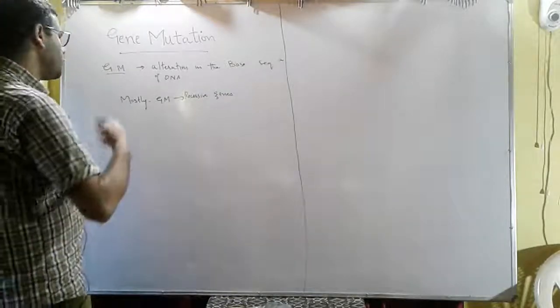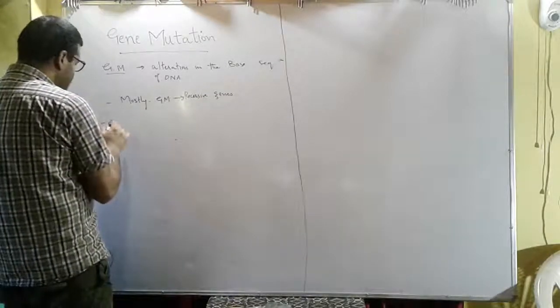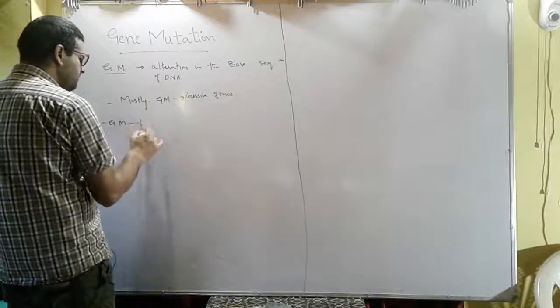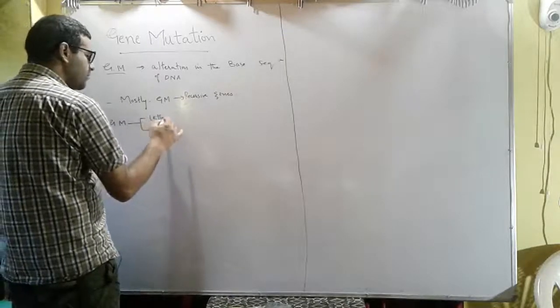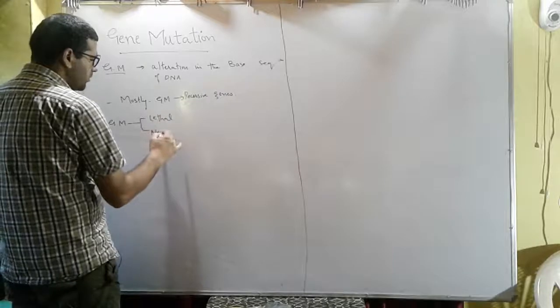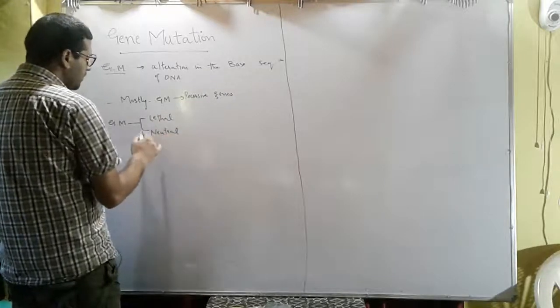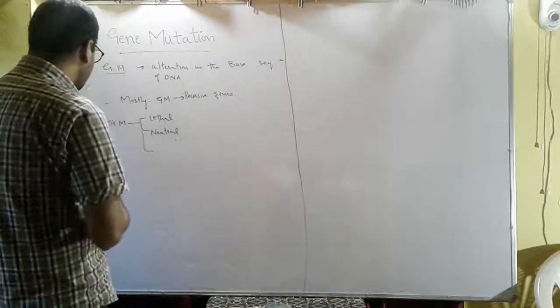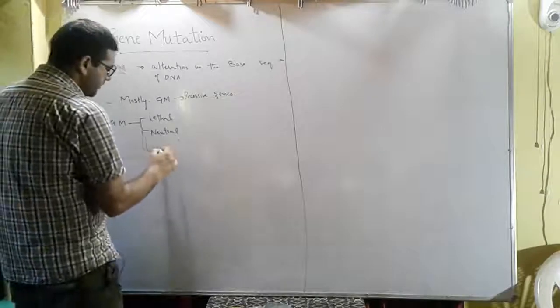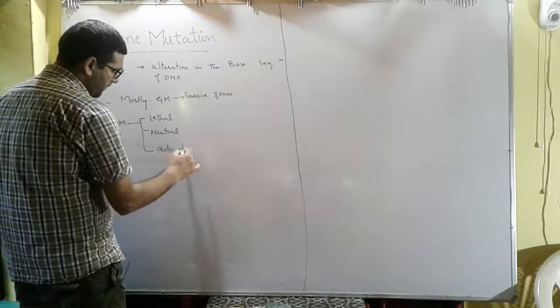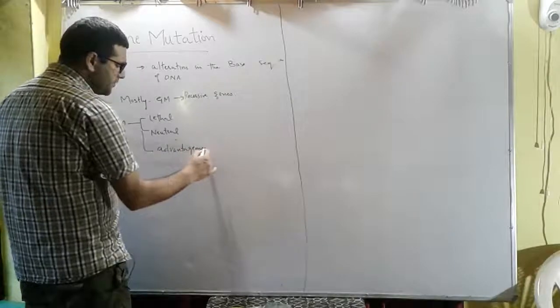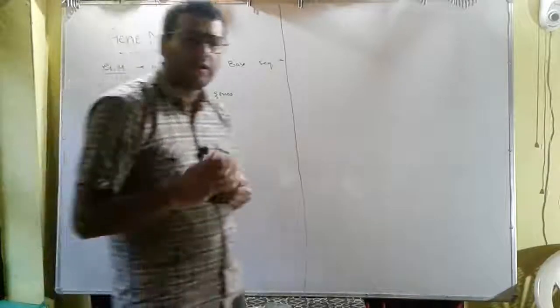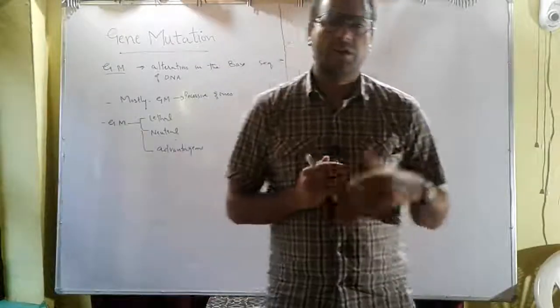This gene mutation can be lethal. It can be neutral, meaning it has no effect. And then it can be advantageous. And sometimes gene mutation results in the loss of the function of the gene.